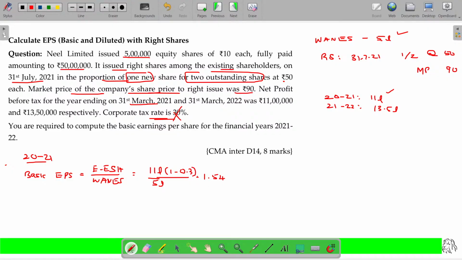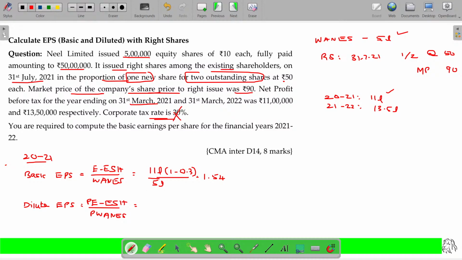Simply clear? In case of diluted EPS, you have to find out earnings available to the equity shareholders and potential weighted average number of equity shares. There will not be any change because of the bonus component.